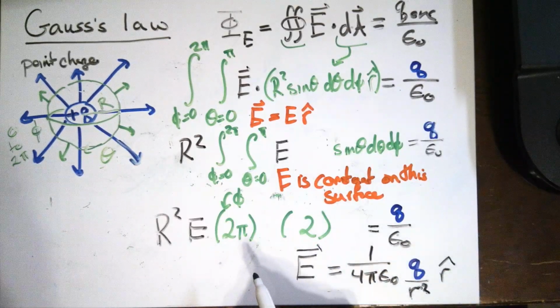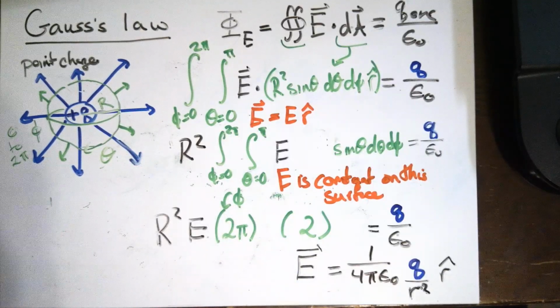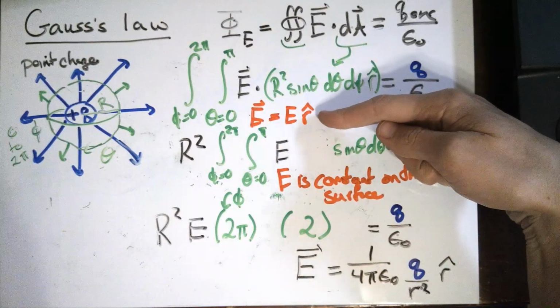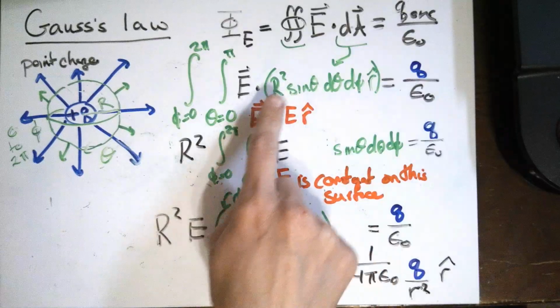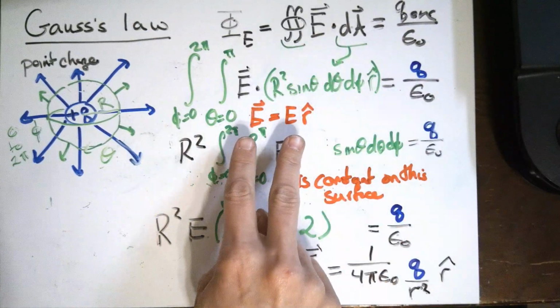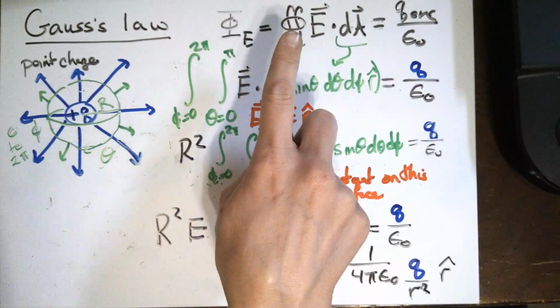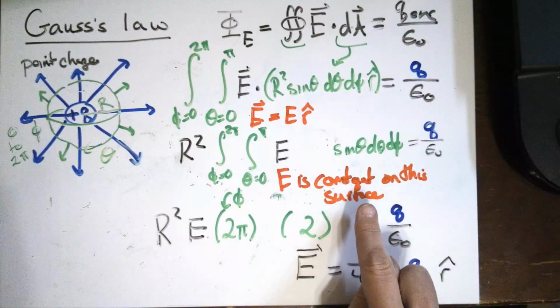So it worked for a point charge, but there were a couple of things we had to do to help it along. The first one is we had to know what direction the electric field was. We needed to know this so we could do this dot product right there. So that's one thing you need to know before you try to use Gauss's law to find the electric field. The next thing we had to know was that E was constant on the surface.